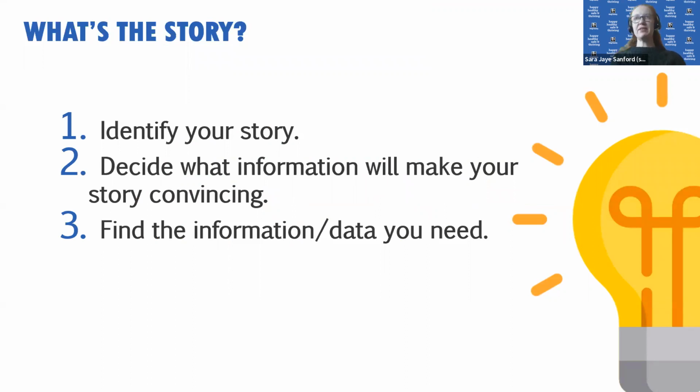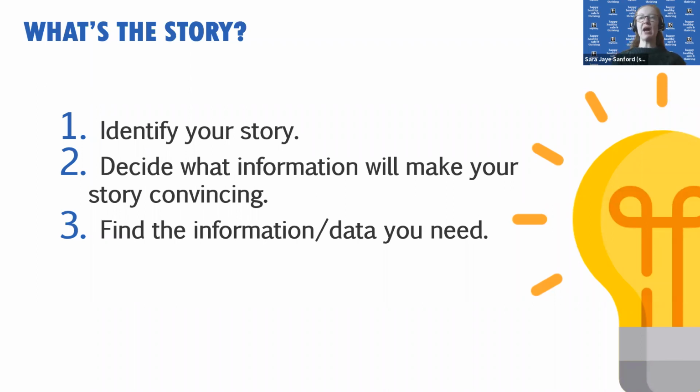There's a lot of data out there, and I'll be talking a little bit about some places to look. But before you go there, we encourage you to think first about what's the story that you want to tell with your proposal. What makes your community, your program, or your organization a great fit for the goals that the RFP is trying to accomplish?